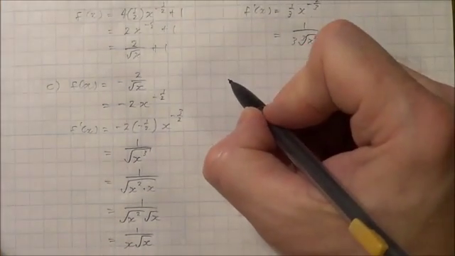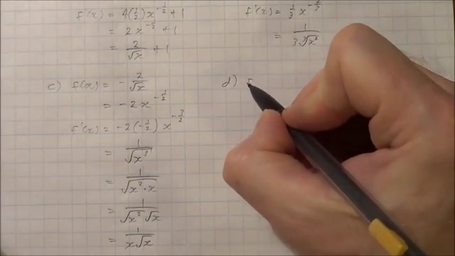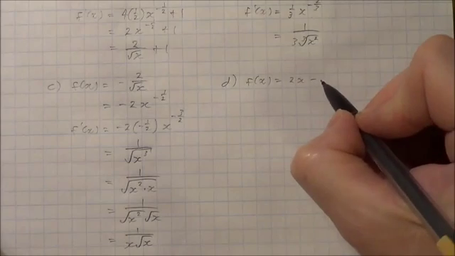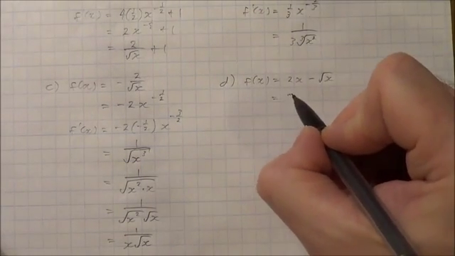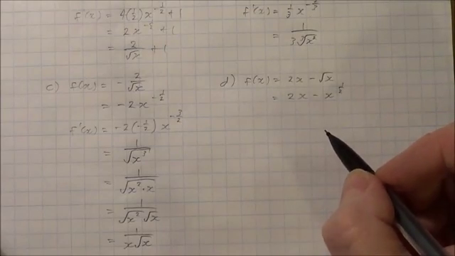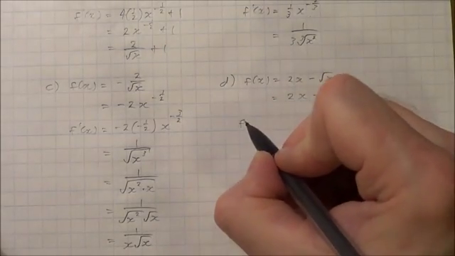Part D, f of x is 2x minus root x, rewriting 2x minus x to the 1/2, and then I will differentiate.